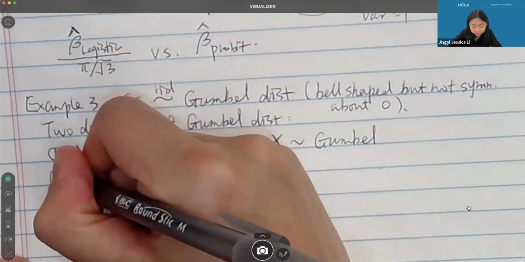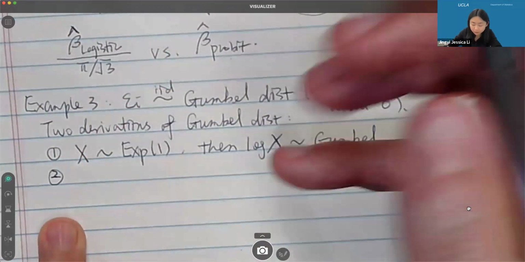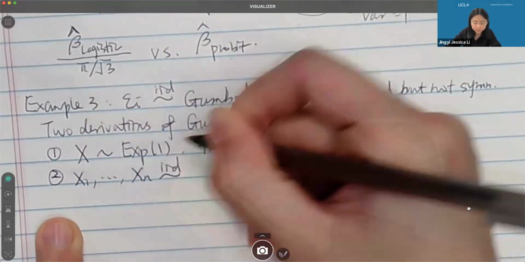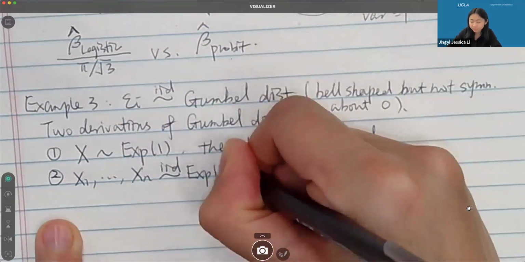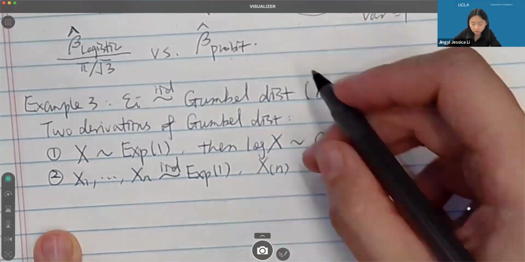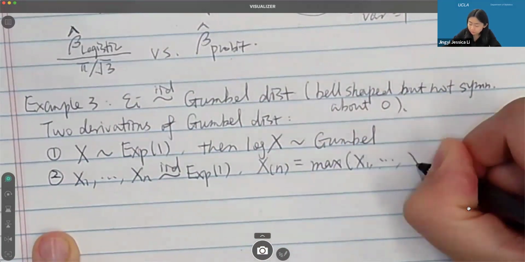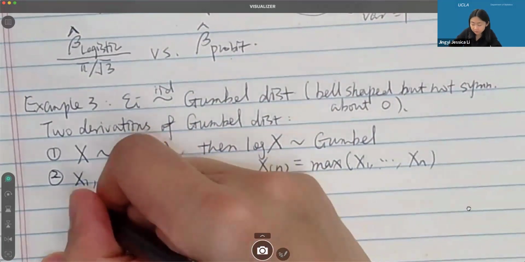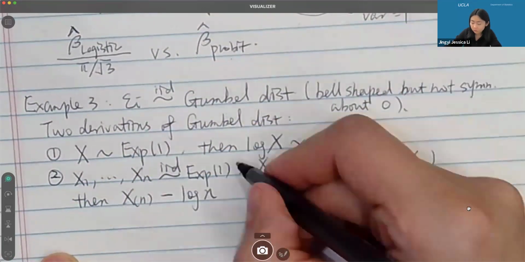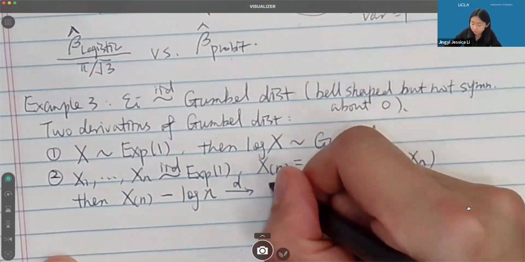The second derivation is why Gumbel is sometimes called the extreme value distribution. If you have n random variables IID following the exponential 1 distribution, and you define the maximum of them as the order statistic M, then the maximum minus log of n would converge in distribution to a Gumbel distribution.